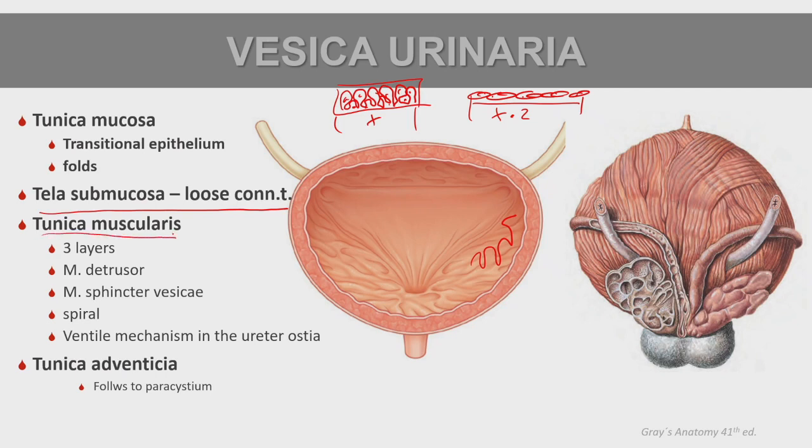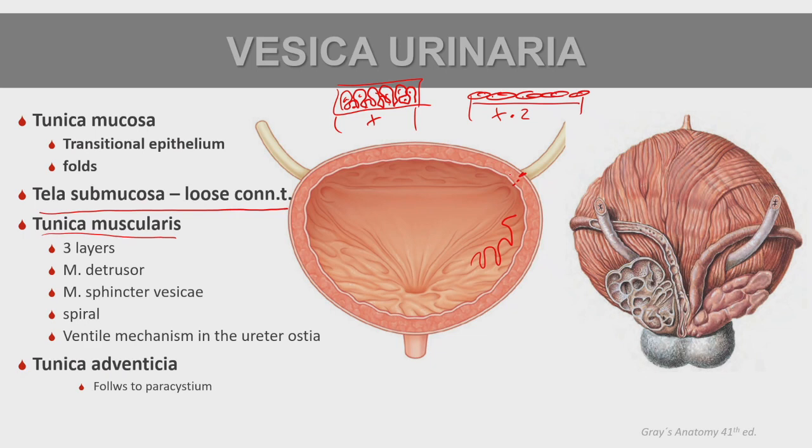Tunica muscularis has several layers, 3 layers: outer, middle, and inner. The arrangement of the fibers is in a spiral manner, like all other organs which compress something to eject the content outside.